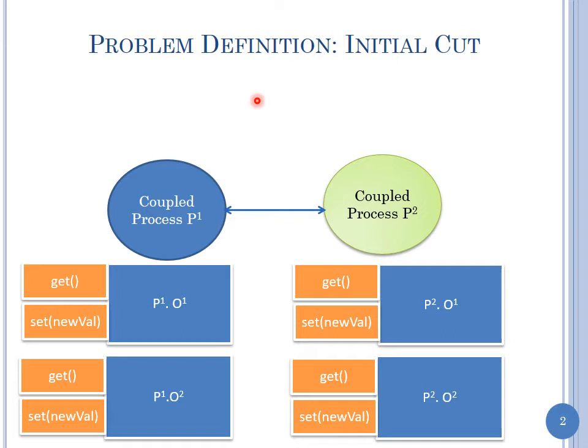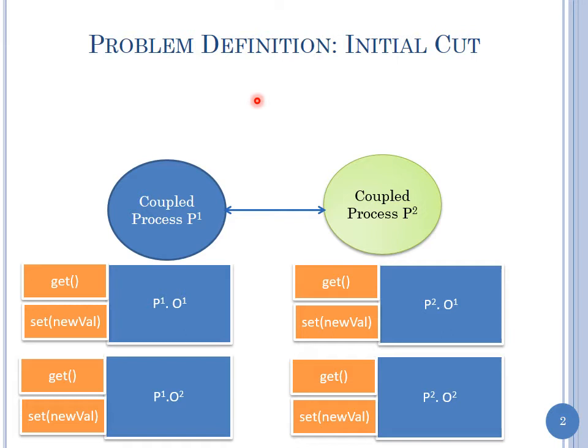So we have two processes here, P1 and P2. In general, you can have an arbitrary number of processes. And we have two pieces of replicated state, O1 and O2. And let's assume that there's a way to write to the state, change the state and read the state. Okay? In not all scenarios will we have both reading and writing at each site, at each process.